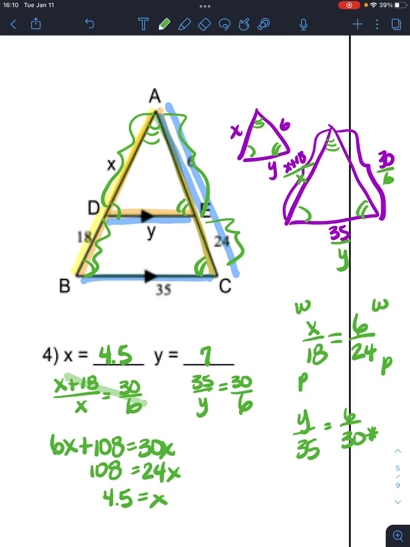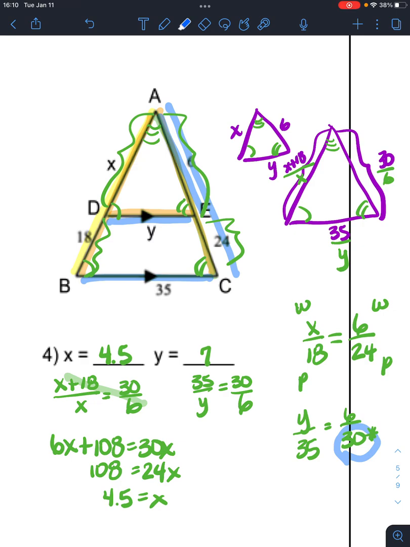You're going to try to do the y over 35 the same way that you did the 6 over 24, and it isn't going to work because y and 35, the DE and the BC, those were not your split sides, so they're not proportional in that same way as AE and EC are. And so you have to be really careful. If you're going to use the side splitter theorem, it only applies to the sides that actually got split.